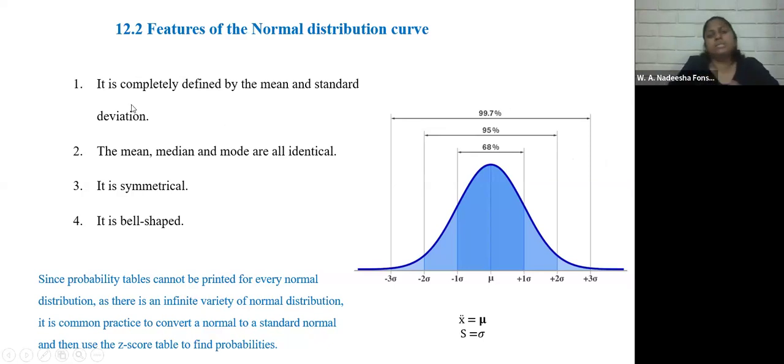So the features are, it is defined by mean and standard deviation. Mainly, we define the normal distribution curve with mean and standard deviation. And in the normal distribution curve, mean, median, and mode are all identical. And the shape is symmetrical and bell-shaped.